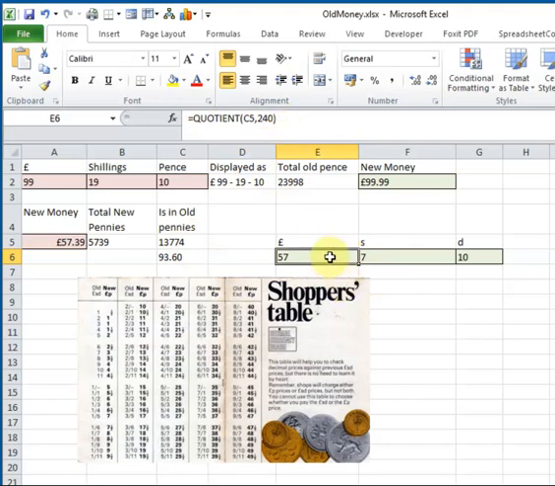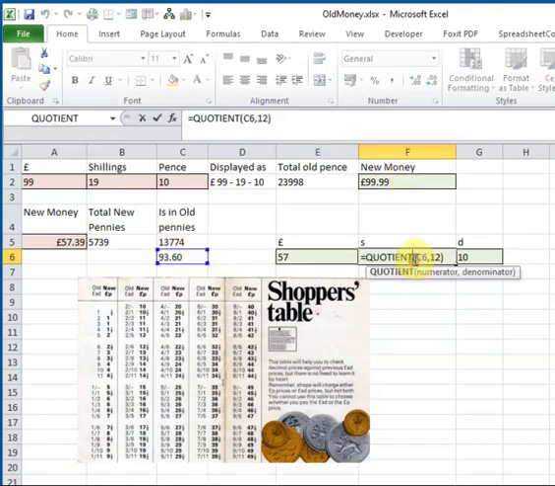To calculate the number of shillings and pence, we need to use the same helper cell in C6. If we look at the cell in F6, which would give us the number of shillings, what we have is the formula equals quotient, open brackets, C6, comma, 12, close brackets. The reason why it's 12 is because it's the number of pennies in a shilling.